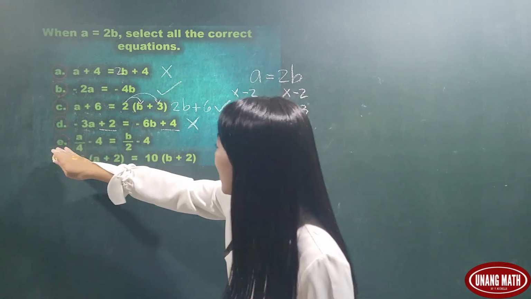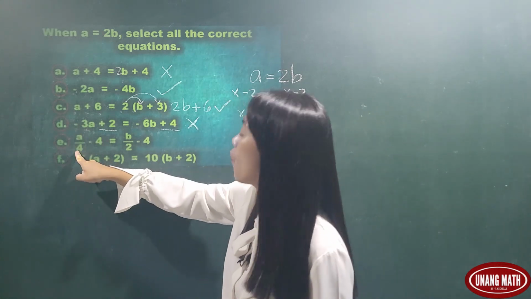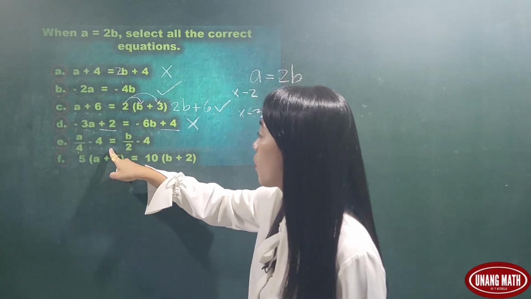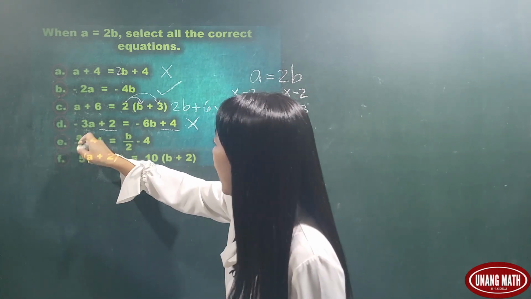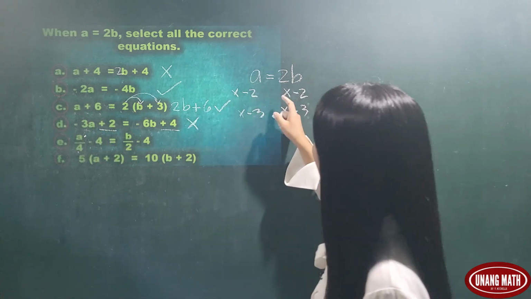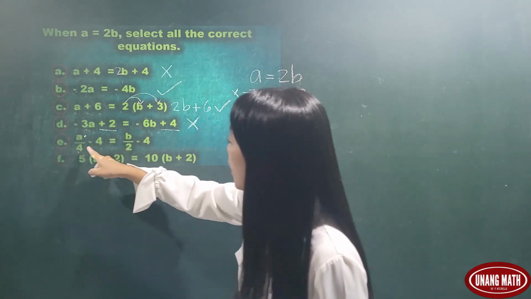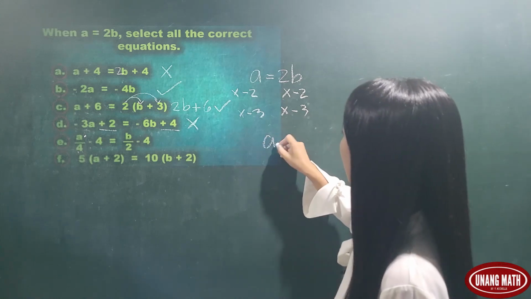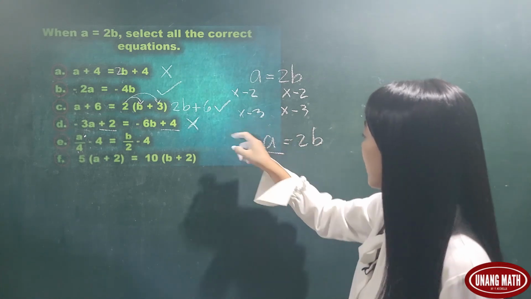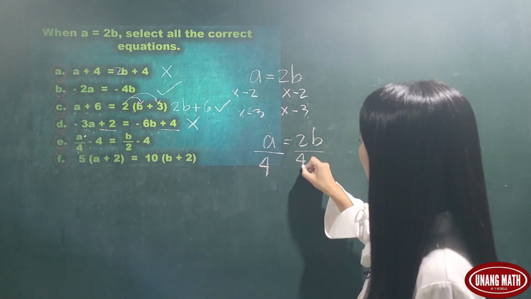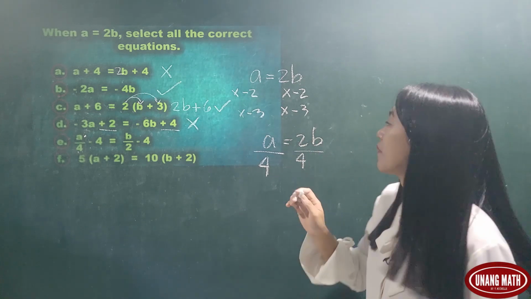Okay, let's check this equation E. A over 4 minus 4 is equal to B over 2 minus 4. Okay, A is equal to 2B. So if we divide by 4 on this side, we have to do it also on the right side.